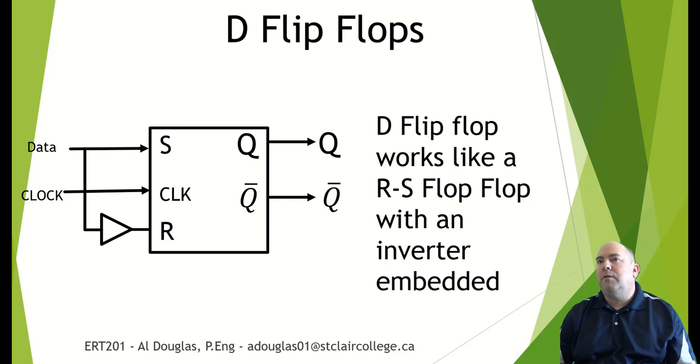So what you can think of is having this work as a clocked RS flip-flop. But if you took an inverter and took one input and called it data and had it go directly into the S and invert that signal and put it into the R, that would work essentially the same way.